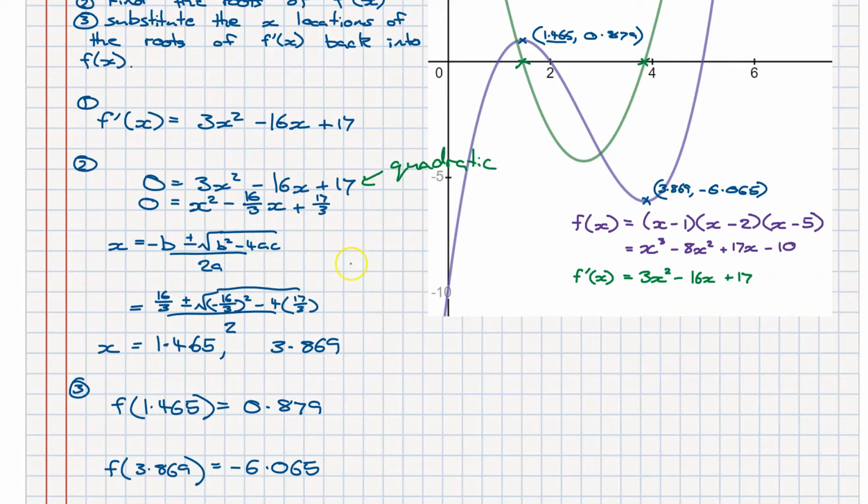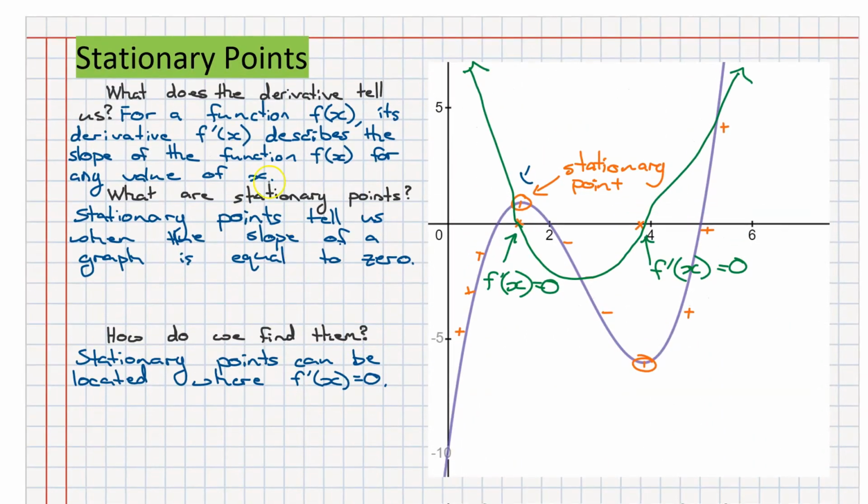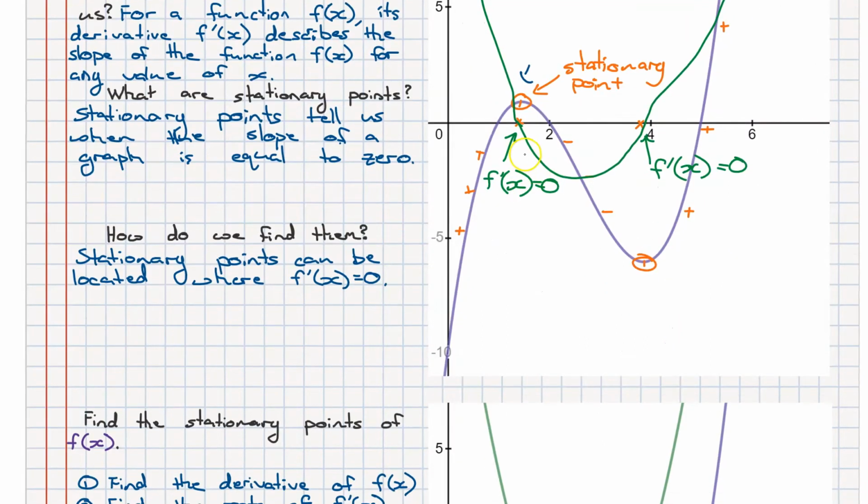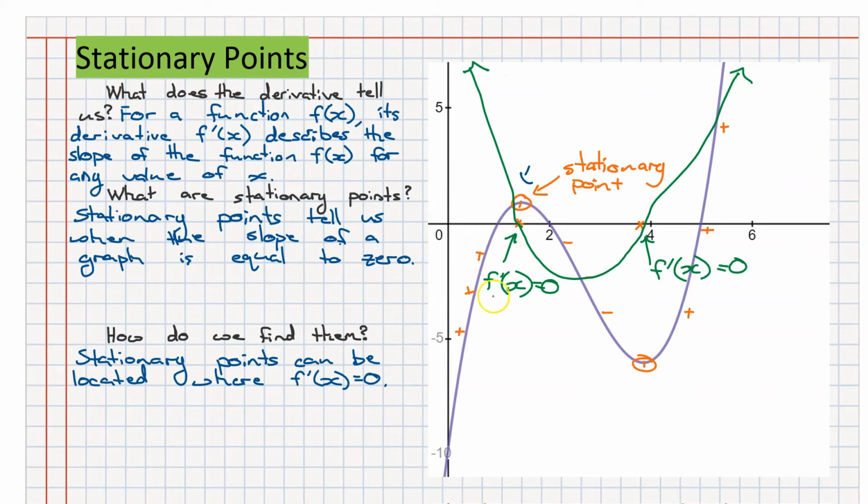So going back in summary, a stationary point is simply a position on a graph where the slope itself sits at 0. To find them, all you need to do is take the derivative of the function you're looking for the stationary points of.